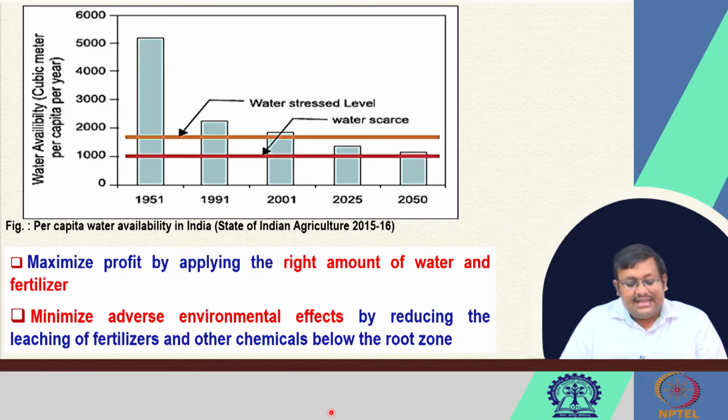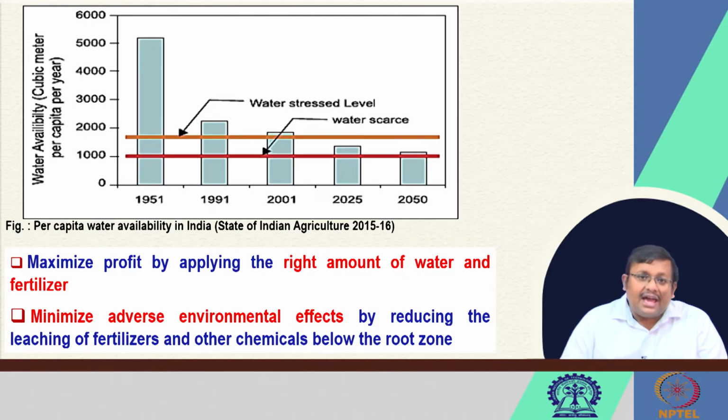The second is we can minimize the adverse environmental effects by reducing the leaching of fertilizer and other chemicals below the root zone. Now, we know that several fertilizers are very much susceptible to leaching losses, specifically nitrogenous fertilizers.